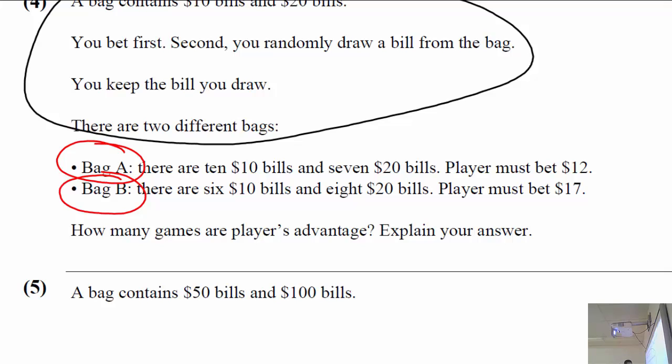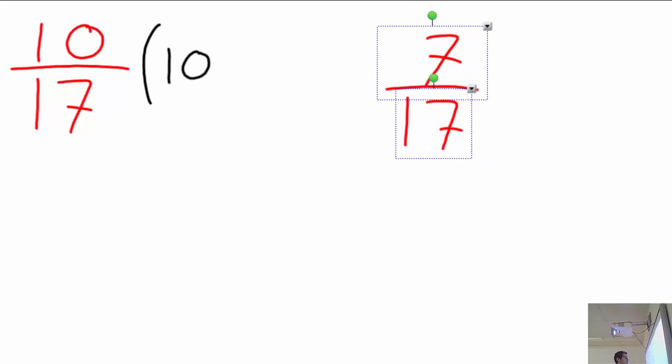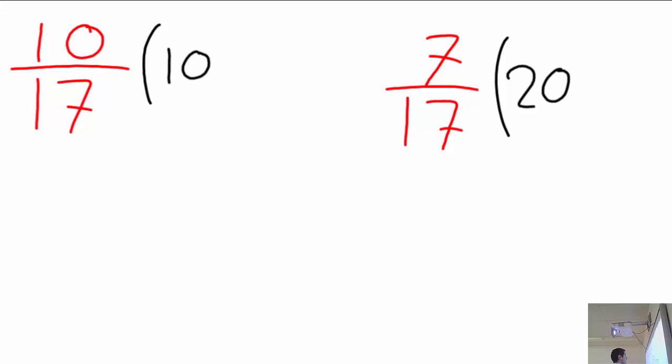Let's go back to the formula. For the first probability, there are 10 $10 bills. How much money will I win? I will win $10. Let's do the other one at the same time. If I get $20, I'm going to keep the $20 here, and subtract that.